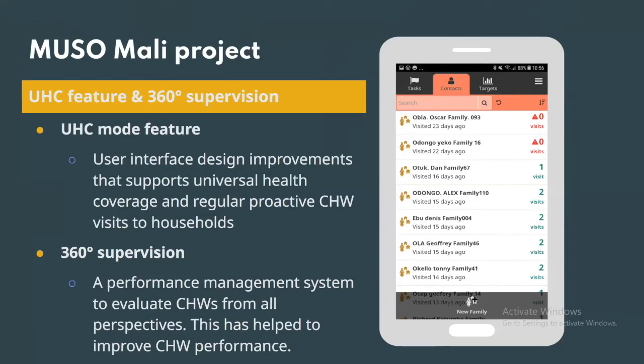Okay, thank you very much, Ben. The most used features of the MUSO Mali project are the USC mode and the 360 degrees supervision. Let's talk first about the USC mode. The USC mode is the feature that helps people have easy access to healthcare in order to be helped in time.